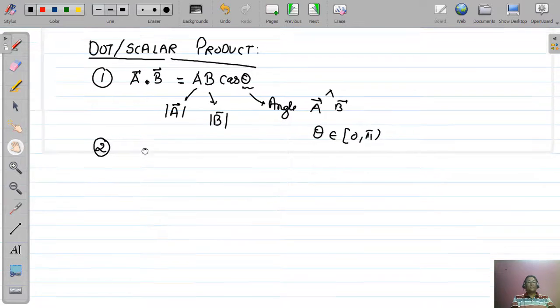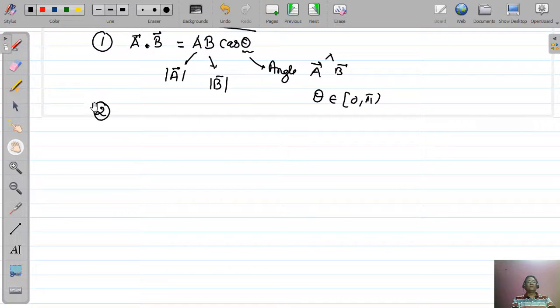If we write a vector in terms of its components, then we can write the dot product in terms of the components of vectors A and B. Before that, we take dot products of unit vectors, which will make the product of A and B easier and understandable.